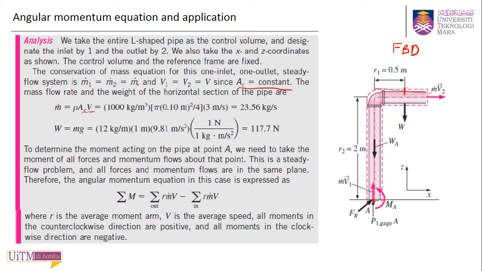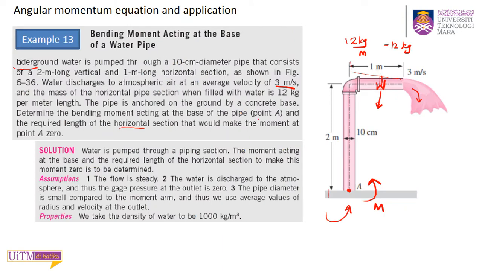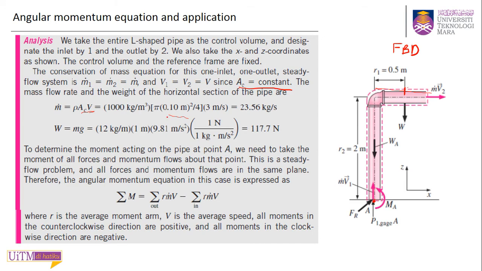You have your rho 1000 and your area, and they give you the diameter, so pi r squared or pi d squared over 4, whichever you like to use, times the V. They give you the V inside the question, equal to 3 meter per second. Times everything, you get your m dot, the mass flow rate, in kilogram per second.